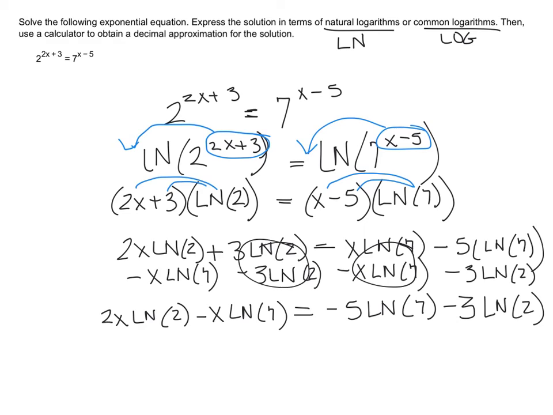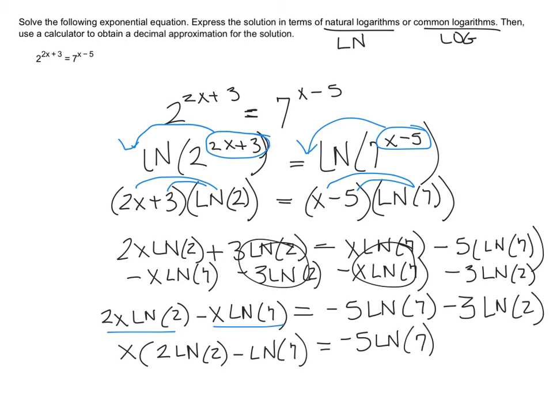Now again, I want to try to isolate the x. Both of these expressions have an x in them, so I can factor out an x, and I get x times 2 times ln of 2 minus ln of 7, and that equals negative 5 ln of 7 minus 3 ln of 2.